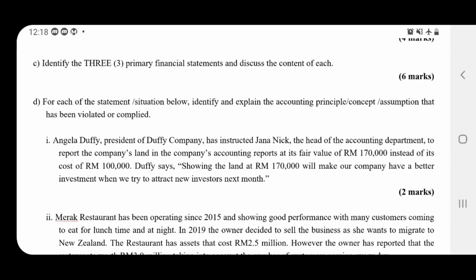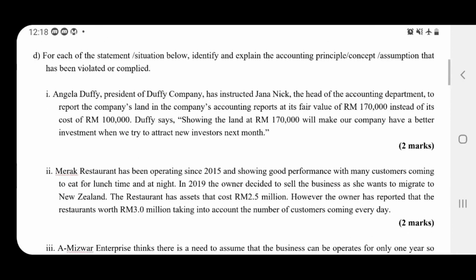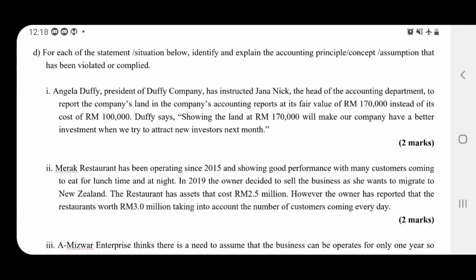Okay, D. For each of the statements or situations below, identify and explain the accounting principle or concept or assumption that has been violated or complied. Okay, remember this. I think you have learned about this in, I can't remember, topic 1 or topic 2. So let's see.